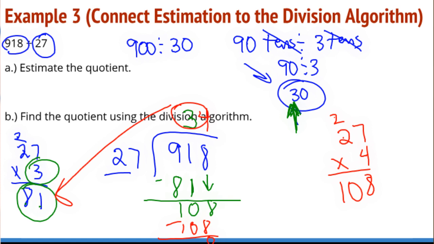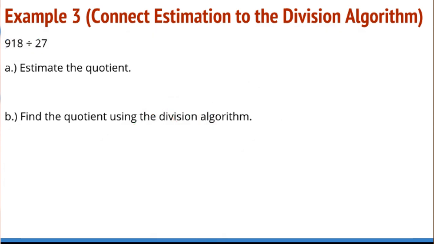So 918 divided by 27 is a quotient of 34. My estimate was 30. I'm in the ballpark. I'm in the right spot. Now we're going to look a whole lot more at the standard algorithm, and we're going to practice that a lot more. I know that some students are overwhelmed by that.